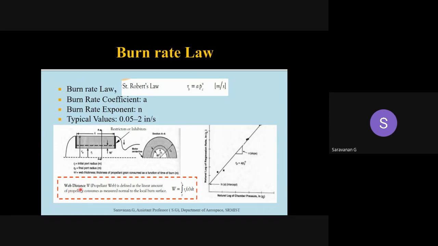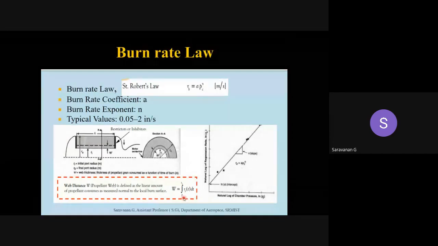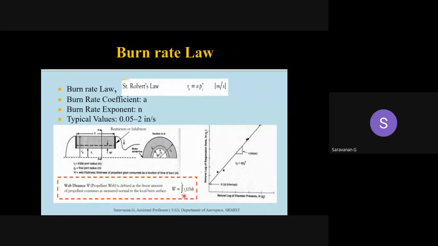One more parameter is the web distance. The propellant web is defined as the linear amount of propellant consumed, measured normal to the local burn surface. That is why I told you about the time period from 0 to burning time tb: within that period, what is the achievement of r for a duration of time dt?